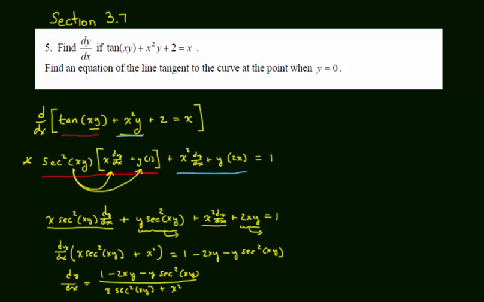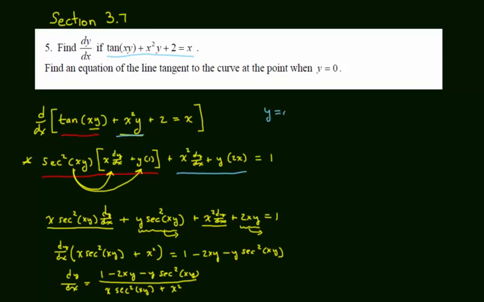But the problem wants us to find an equation of the tangent to the curve at the point when y equals 0. So the next thing we have to do is figure out what the point is on the curve. I like to call this the amoeba because I don't know what it looks like. So I have to find a point on the amoeba when y equals 0.